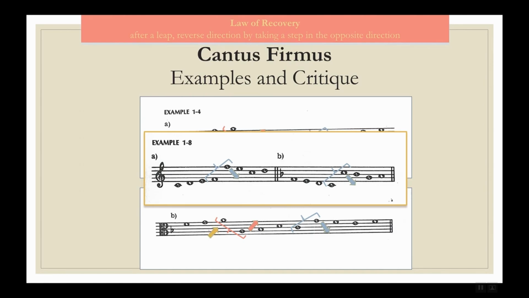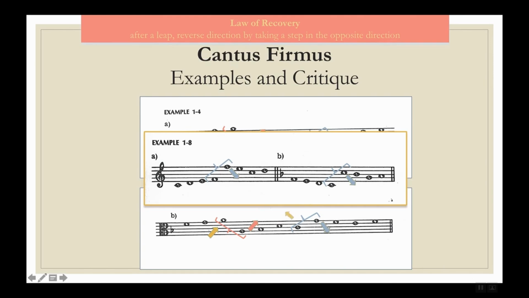So arrows here, you can see that this is an example of where they do it, right? This melody goes up to there. It's moving up, and then it goes down, and then it goes up again there. And then on the C, it goes up to G. And so it goes down from D to C. And then it goes down.